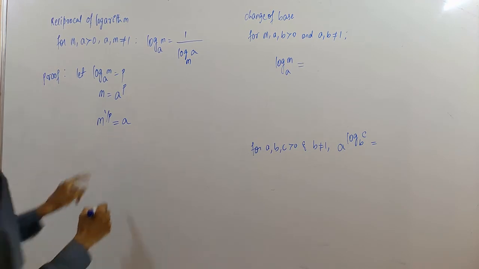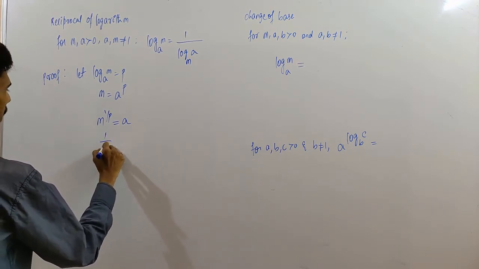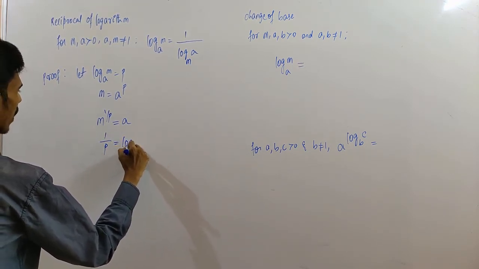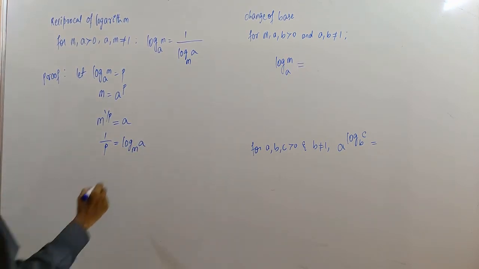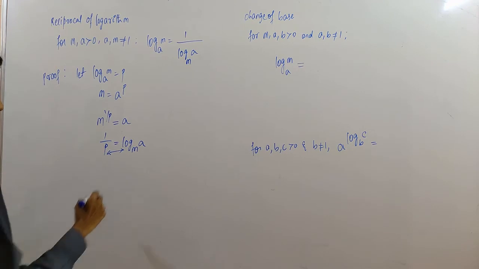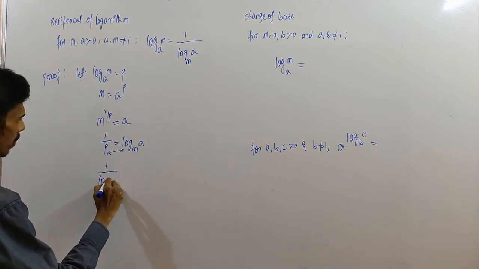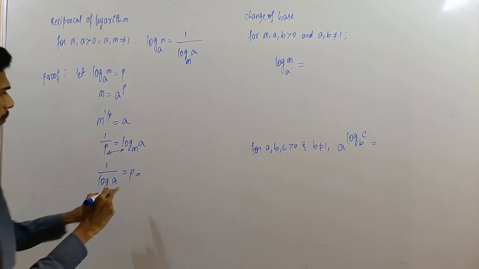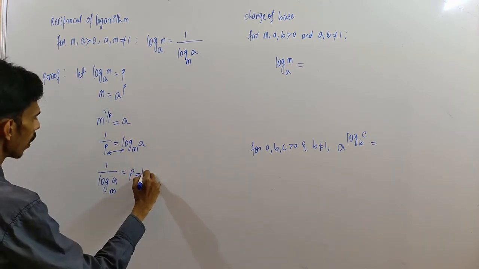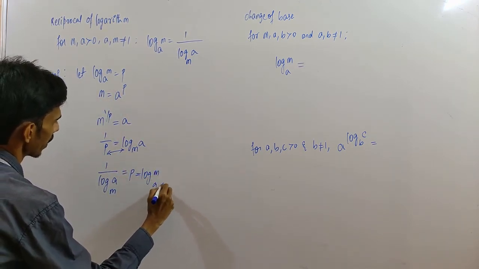Now send this m here, it will become log. So we have 1 by p here, we have log a base m. Now get the value of p. Interchanging these two, we have 1 by log a base m is equal to p. The value of p we have taken is log m base a.